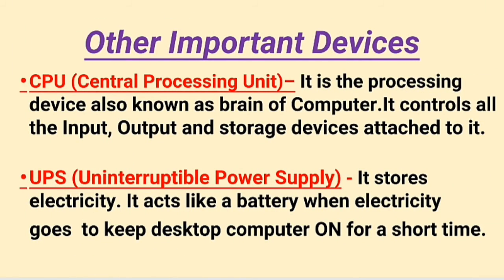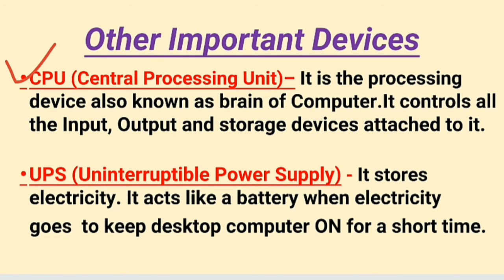After these three types of devices, there are other important devices that are used in the computer. First is the CPU, that is Central Processing Unit. It is also known as the brain of the computer.